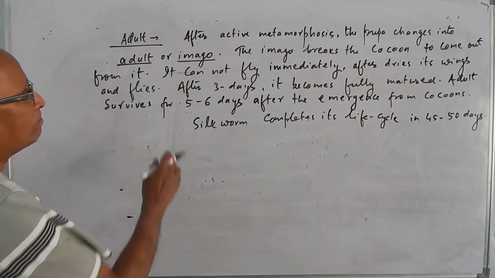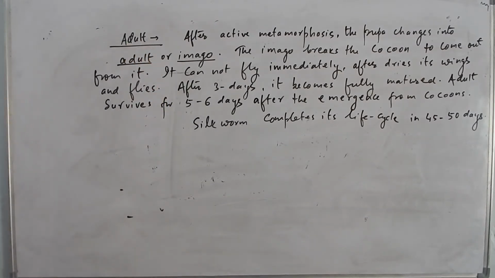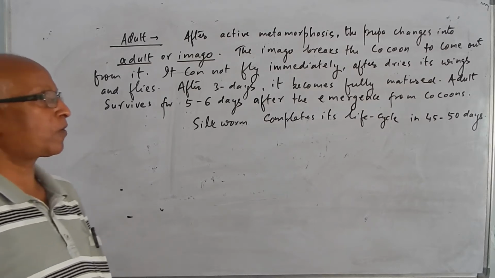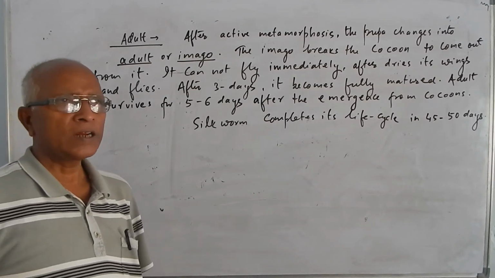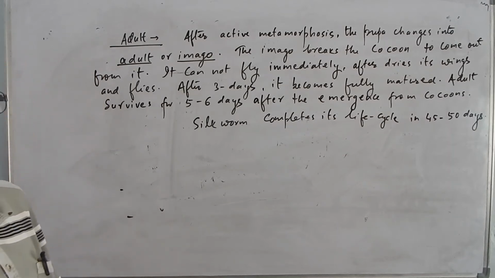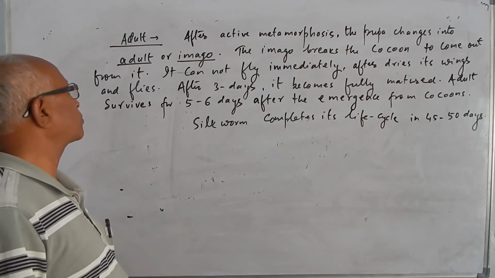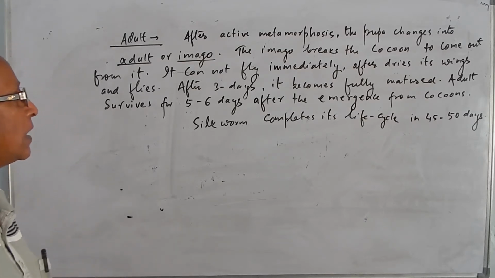So adult, after the active metamorphosis inside the pupa, inside the cocoon, pupa changes and develop to the first imago. This imago comes out or breaks out or releases out from the cocoon.